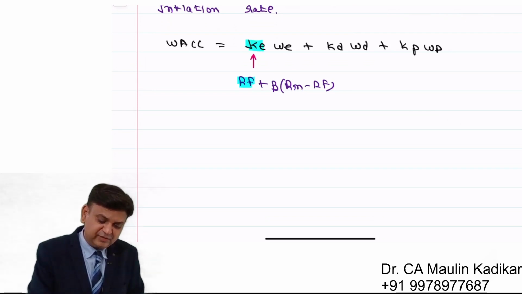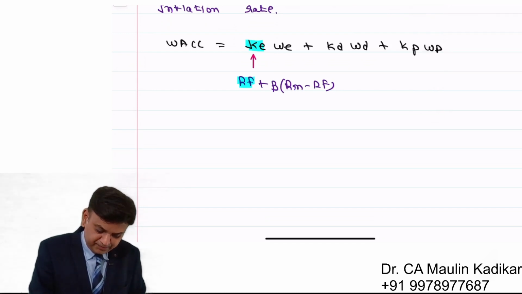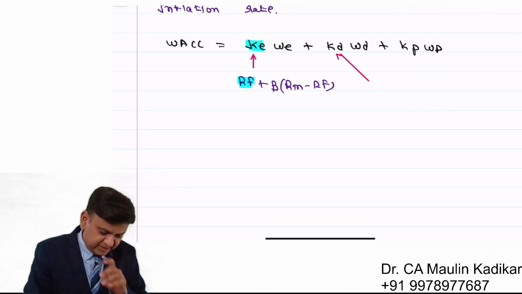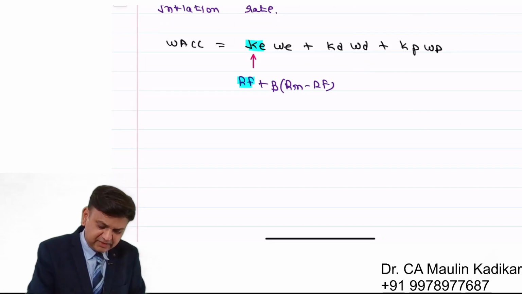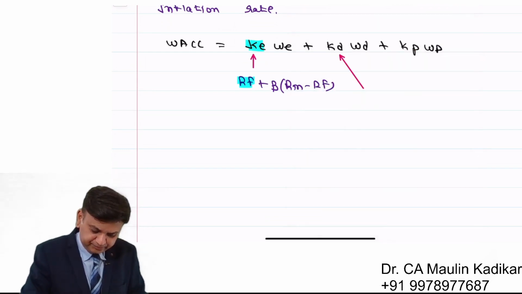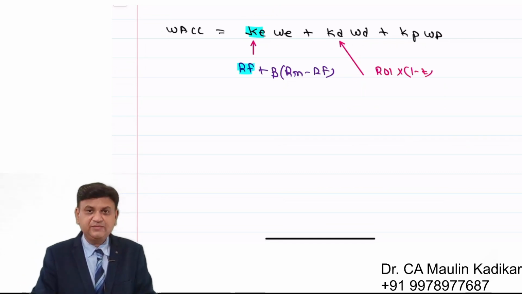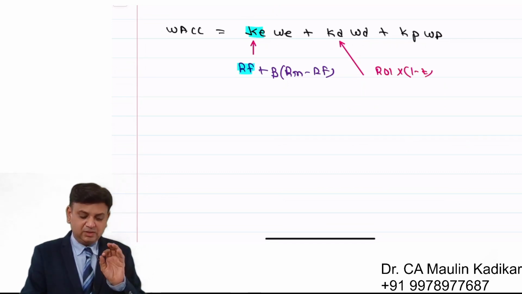As far as the cost of debenture is concerned, we use a formula like this. There are a number of formulas, but I am explaining one of the very simple formulas. It is rate of interest into 1 minus tax rate. That is the way the cost of debt financing is calculated.